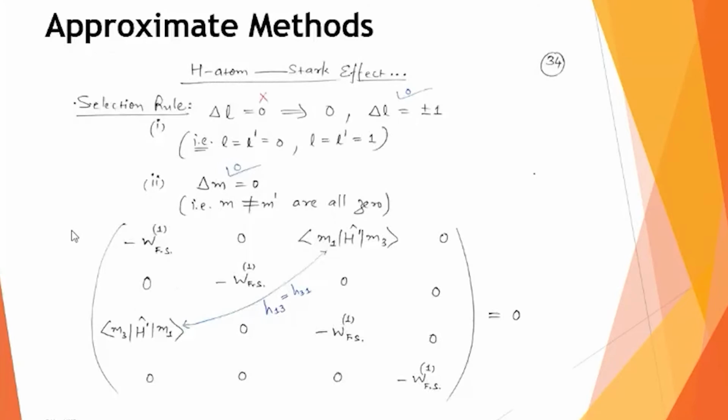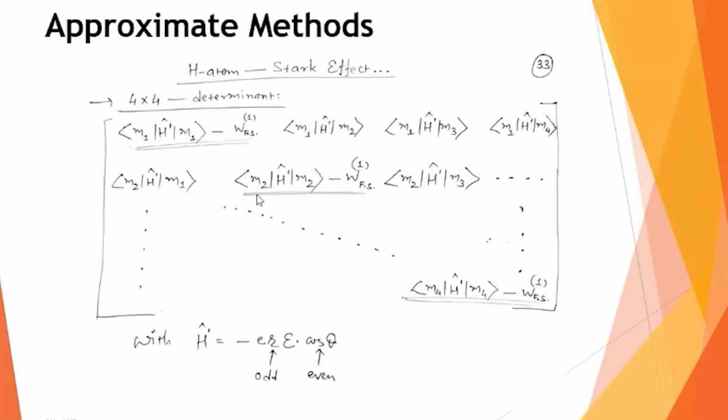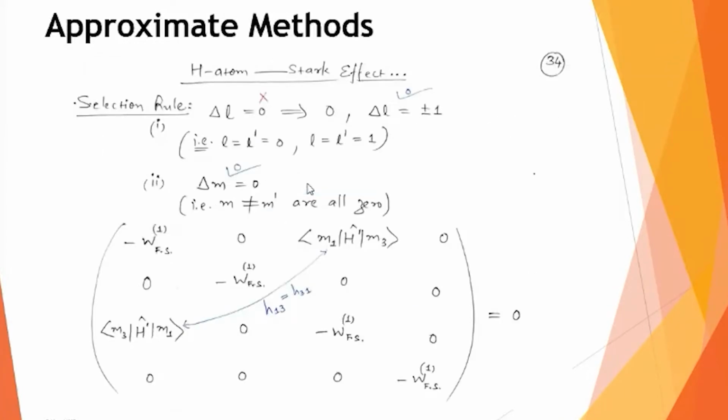So if I calculate the matrix element between, let us say, M2 and M2, you can see L will be the same here and L will be the same here. Then the change in L will be 0. Such a matrix element will contribute 0. So those matrix elements where there is no change in L are always 0.